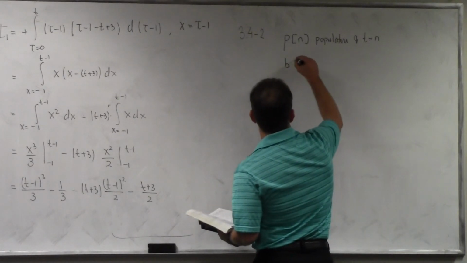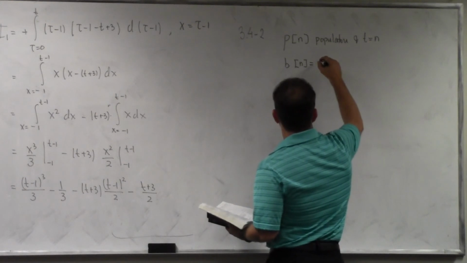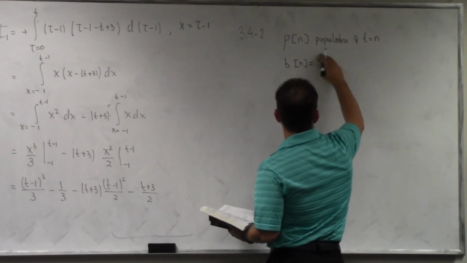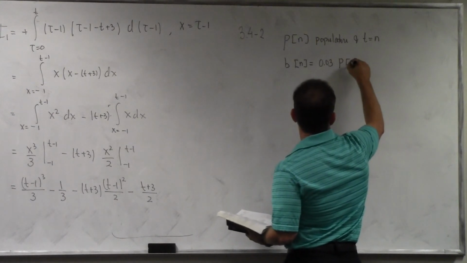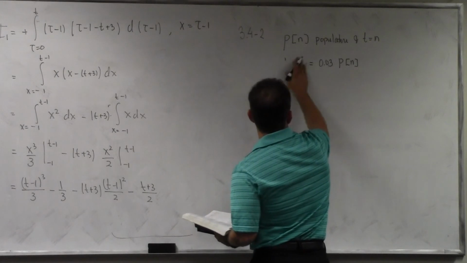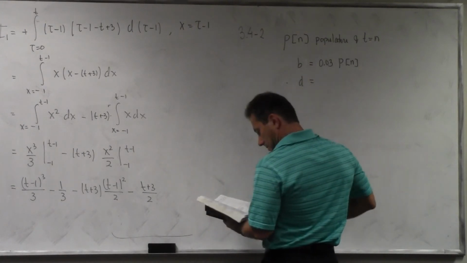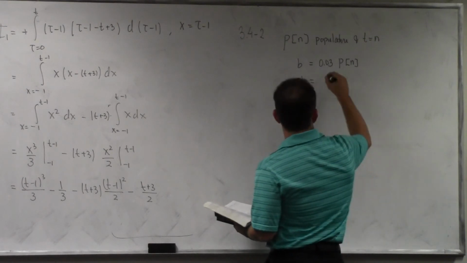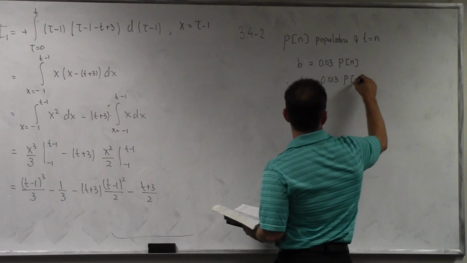So the birth in the nth year is going to be 0.033 of P of n. And the death rate is 1.3%, so 0.013 times P of n.